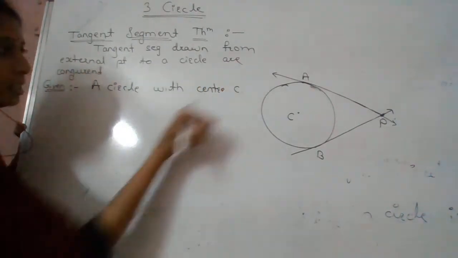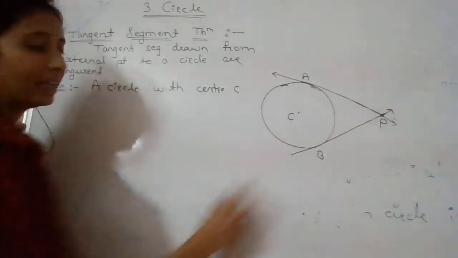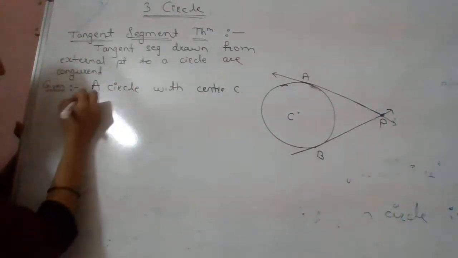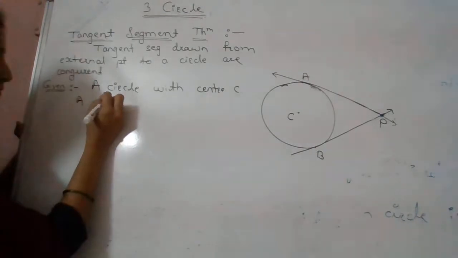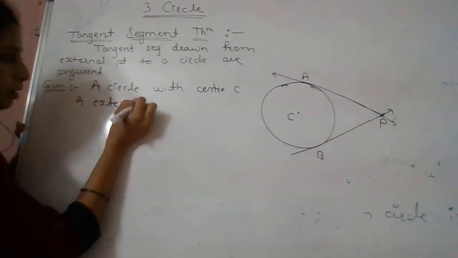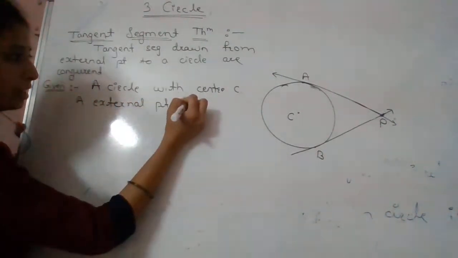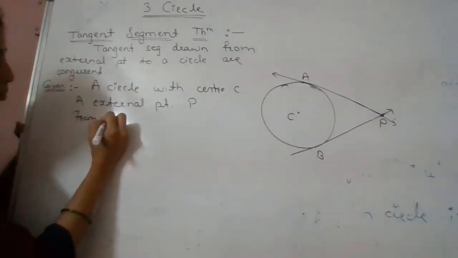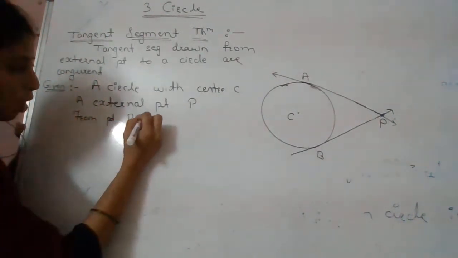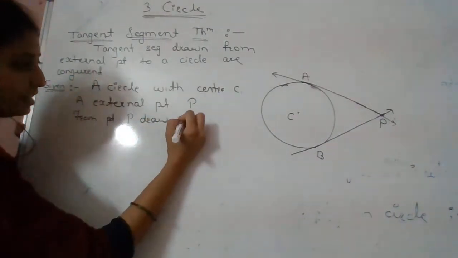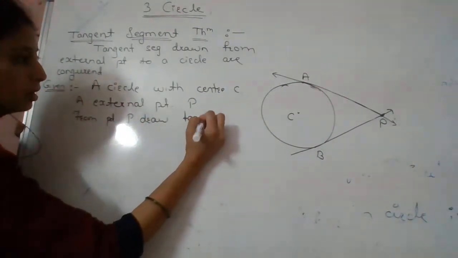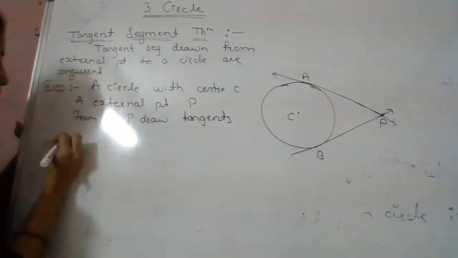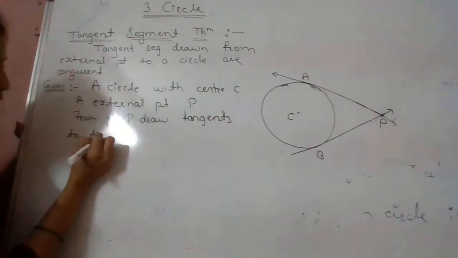What is the next given thing? I have an external point, external point P. From point P, draw tangents to the circle.